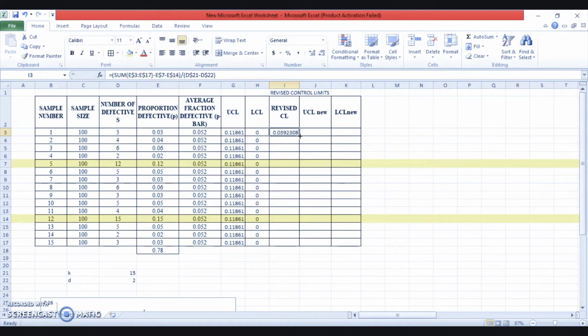Now this becomes your revised central value. For finding the value of your upper control limit, we are going to use the formula.